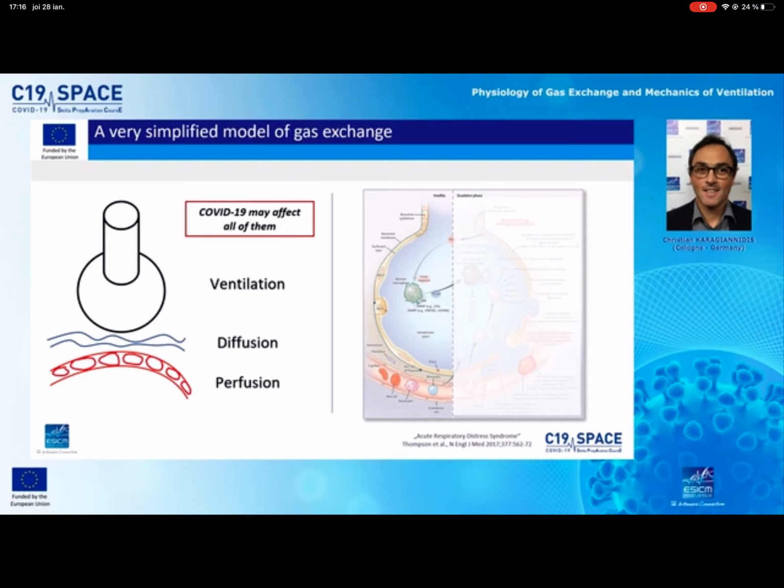On the right-hand side, you see a normal alveoli. This is usually filled with air and has a very small surfactant layer, which is very important to keep the alveoli open. It has a basement membrane and epithelial cells. And within this alveoli, you usually find immune cells. In a healthy man or woman, you predominantly find alveolar macrophages.